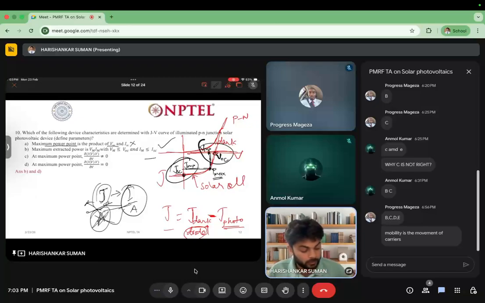So this is the characteristic at the maximum power point. The partial derivative of power with respect to voltage will give you 0, and this is also the maximum power. Clear?